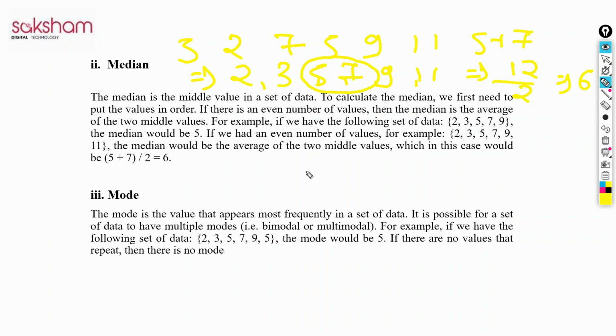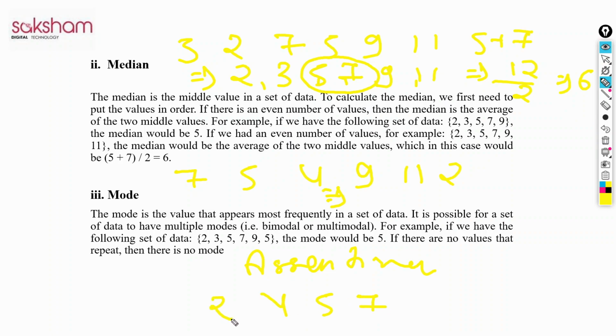So, clear. We take another example for even values: 7, 5, 4, 9, 11, 2. First we make it ascending: 2, 4, 5, 7, 9, 11.